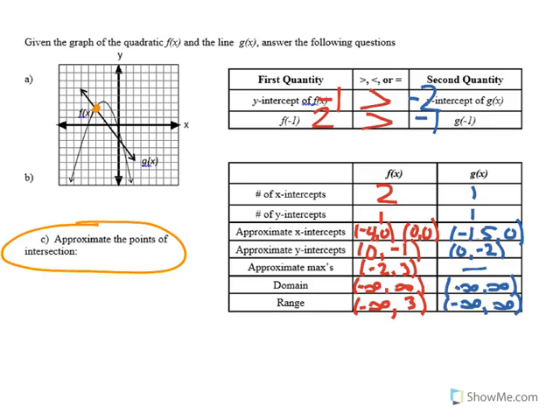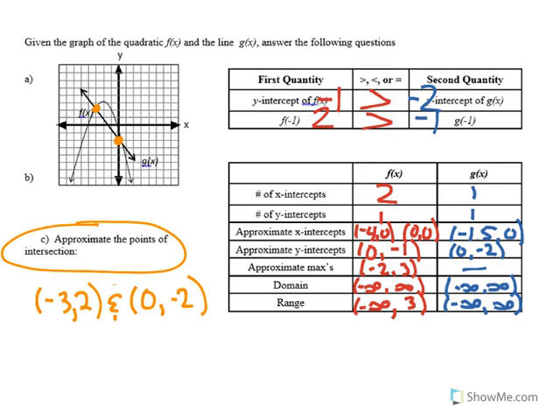So we seem to intersect here, and we seem to intersect right about here, and we're estimating. The coordinates of that point on top is -3, +2, and the lower one seems to occur right about 0, -2. Once you have the graphs and the tables set up and down and in your notes, go ahead and move on.